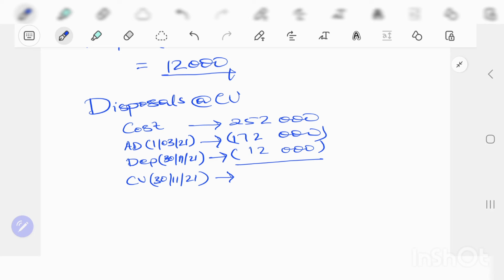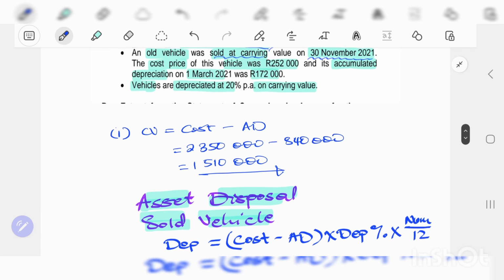So we are going to say minus 12,000. This is going to give you 68,000. So the disposals at carrying value, the carrying value of the asset that we sold, is 68,000. So number 3 is equal to 68,000.